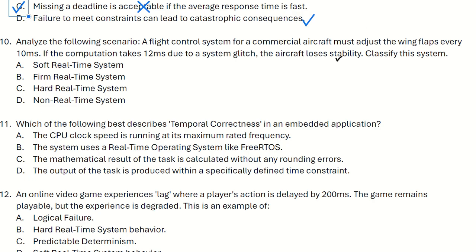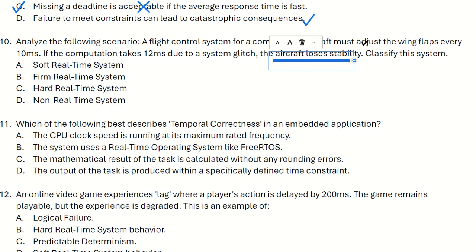Classify the system. Lost stability, can it still function? It looks like it has failed already, because stability is very important.